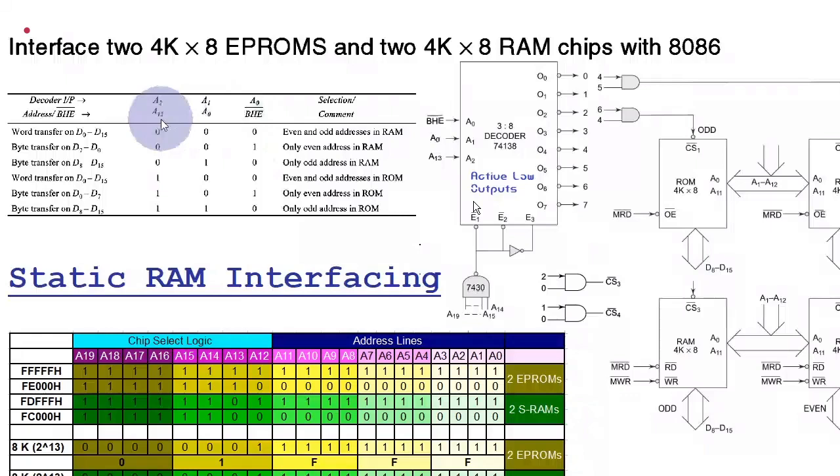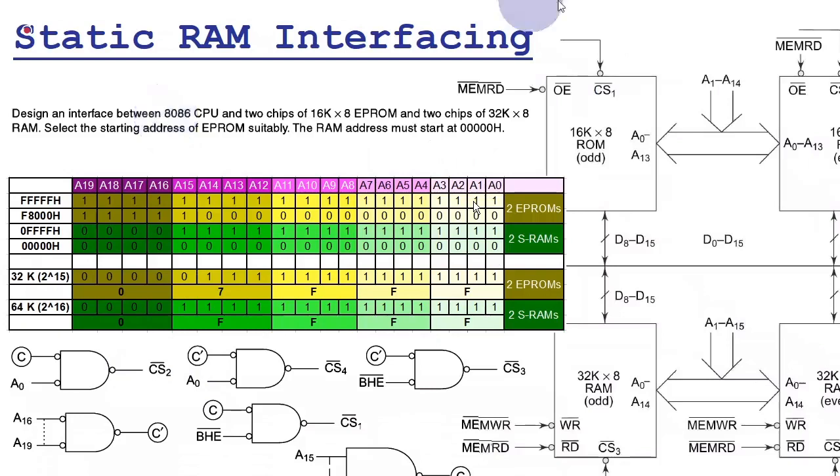Here we are only talking about, first of all, A0 and bus high enable. This A13 bit in our case will not be used. Some different kind of thing will be used here, which will be used for generating the connection logic, right? So let me just show you that diagram again. So look for this situation, CS2 bar.